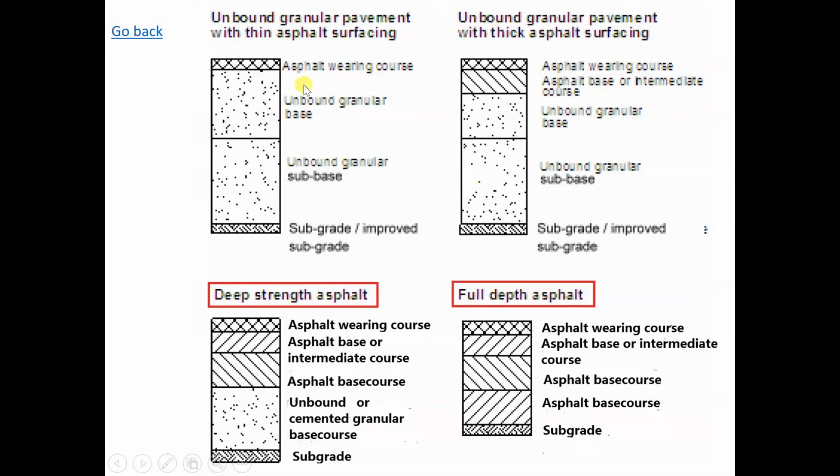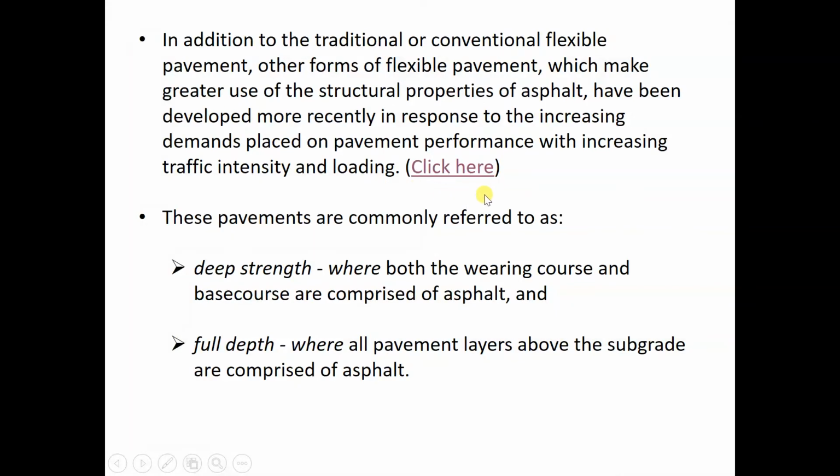With the thickness design, when there's more traffic, we could increase the layers, but sometimes that is not efficient. We don't want to get a pavement 1 meter thick. So instead of going thicker, we can strengthen the layers.